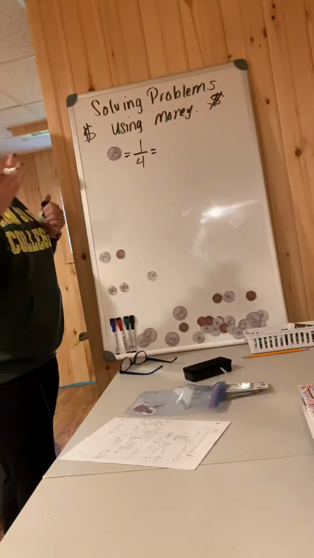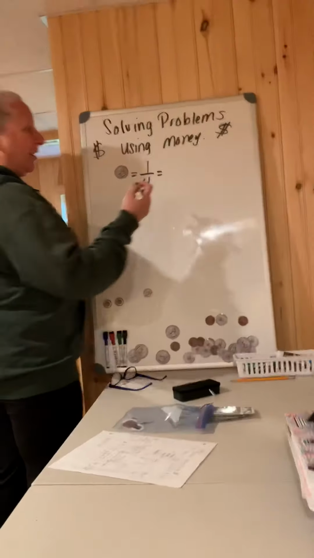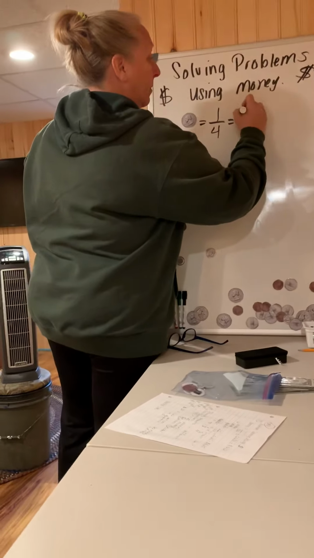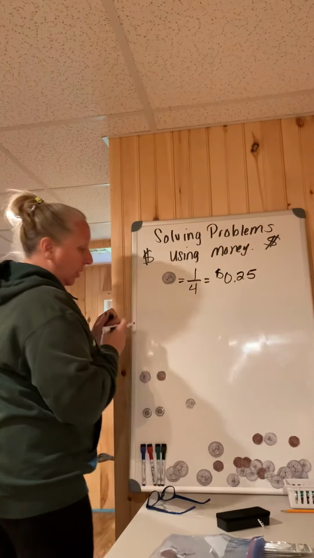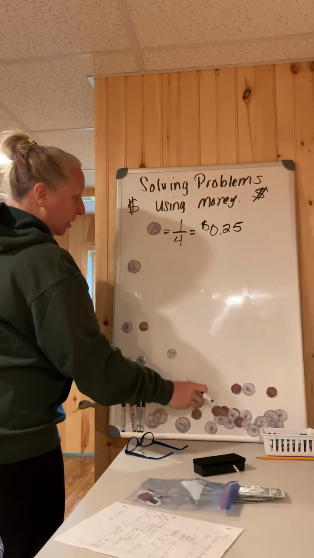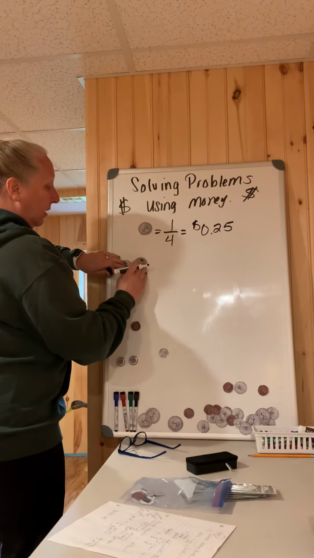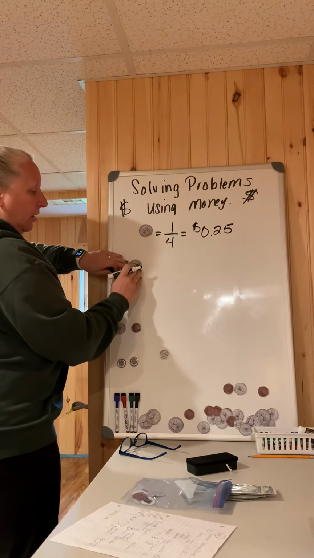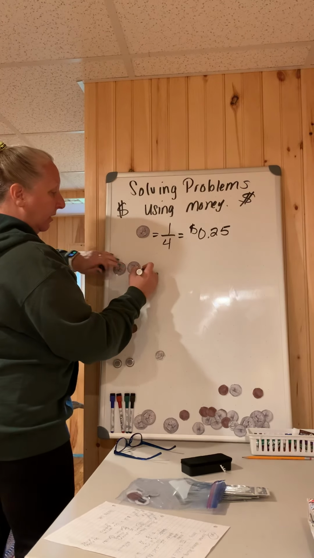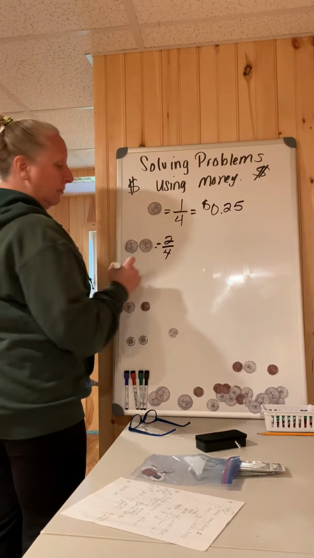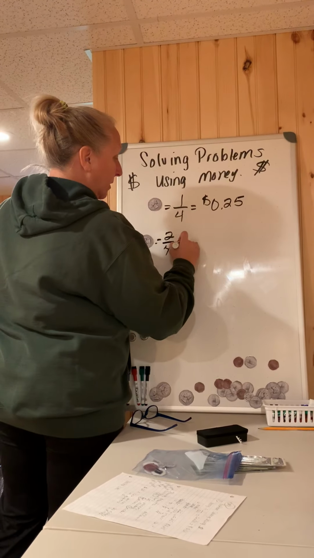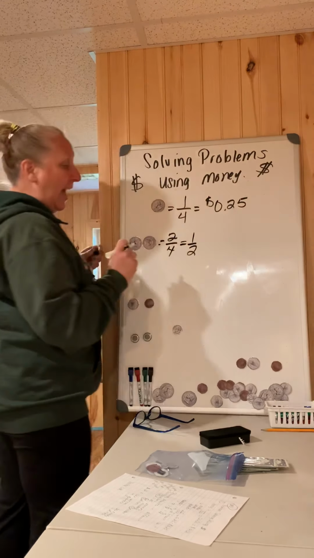Because we need 4 of them to equal the whole dollar, right? So if I have 2 quarters, I have a lot of equivalent things like numbers I can write here. So this is 2 quarters or 2/4, which is 1/2.